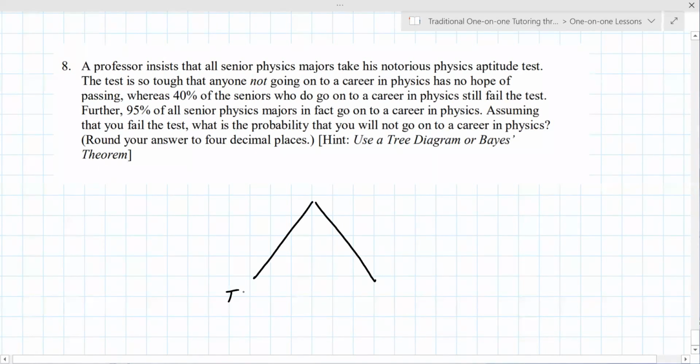So take and don't take. 100% take it, 0 don't take it. 40% of the seniors that go on to a career in physics still fail the test.